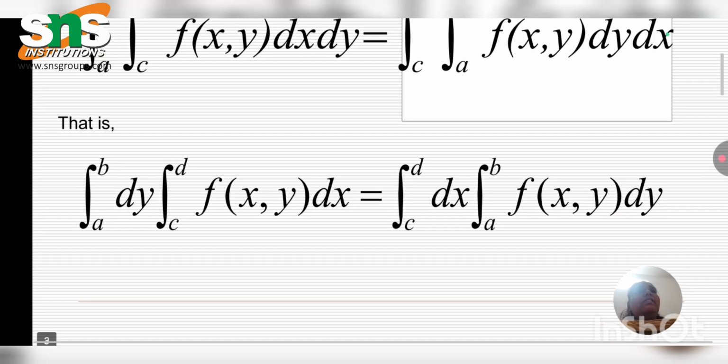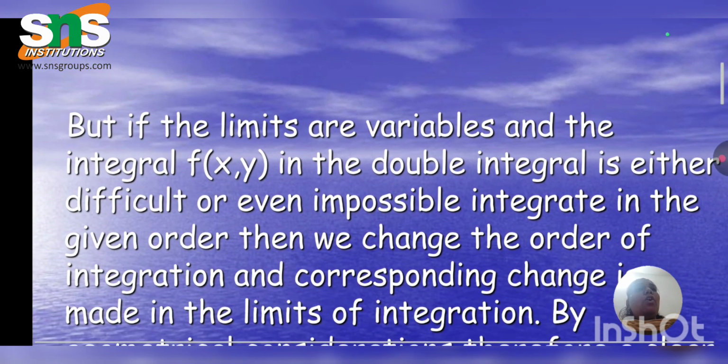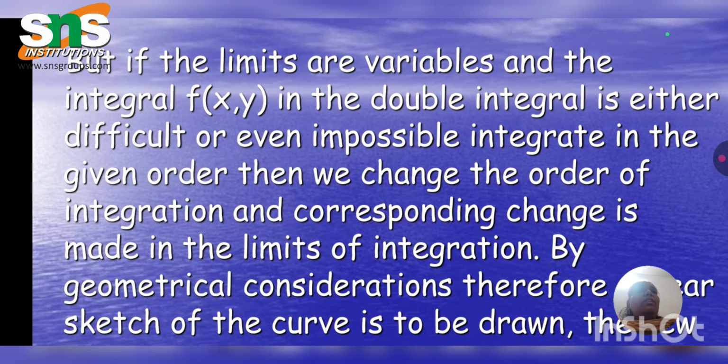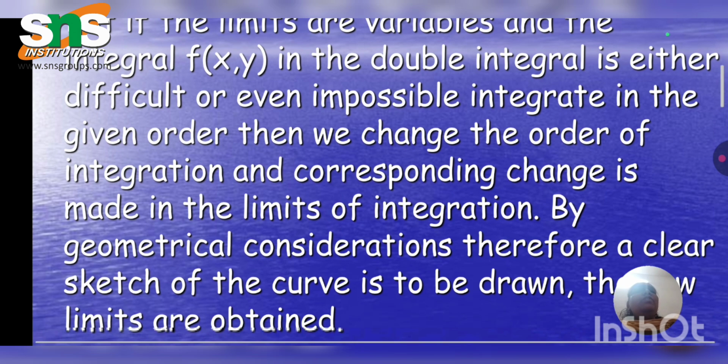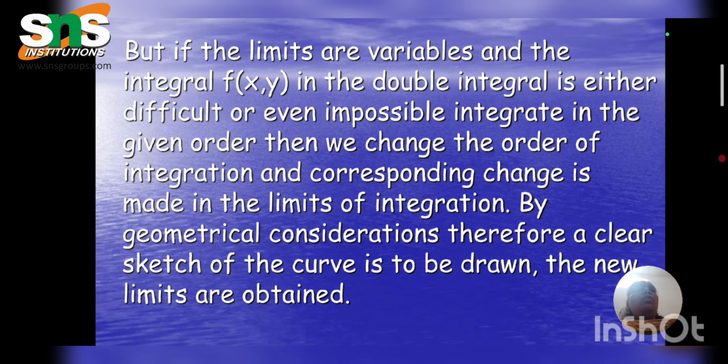In such cases, we change the order of integration to make the problem easier. If the double integral of f of x, y is either difficult or even impossible to integrate in the given order, then we change the order of integration, and a corresponding change is made in the limits of integration.